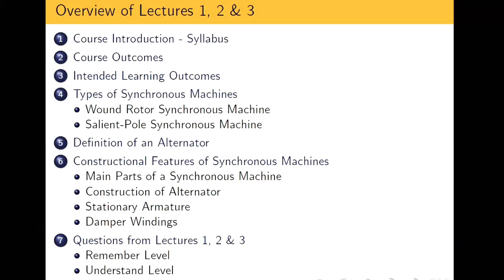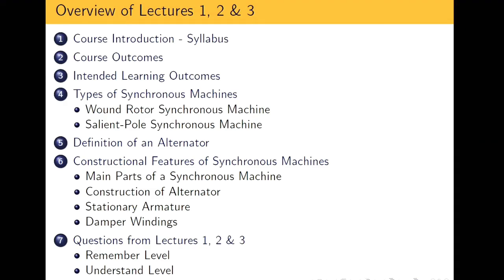Today's lecture I have scheduled as lecture 3, and therefore I want to give you this PPT as lectures 1, 2, 3. The overview, we saw yesterday, and a few things I have added today. Course introduction, course outcomes, intended learning outcomes, types of synchronous machines, definition of alternator, construction features of synchronous machines.